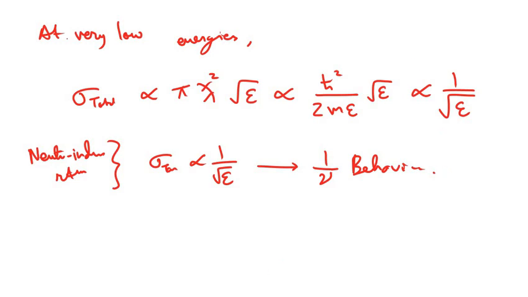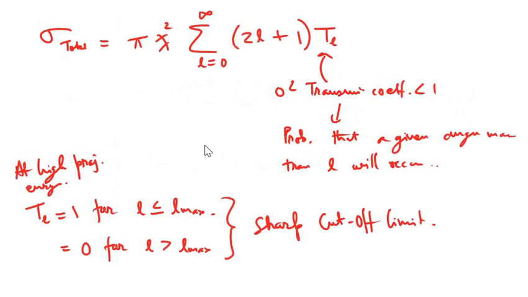Any questions? See, in quantum mechanics, when you did the barrier penetration problem, the same type of transmission coefficients entered. Now here we are using this while considering the total cross section. The concept is the same. This is just one of the possibilities. I am using a very basic model for this T_L.